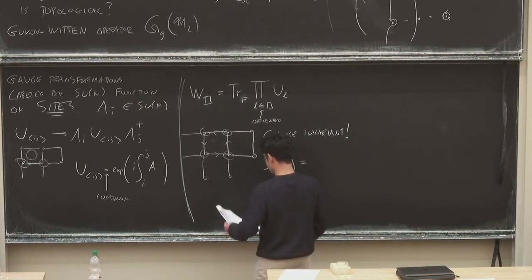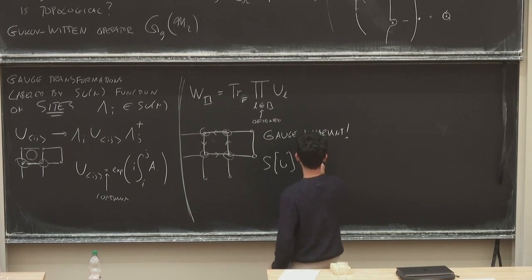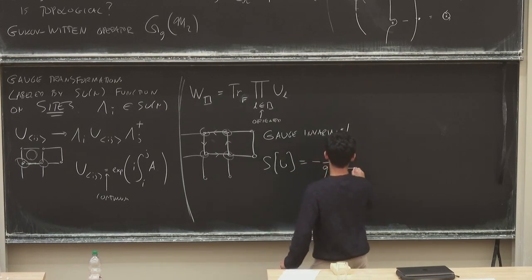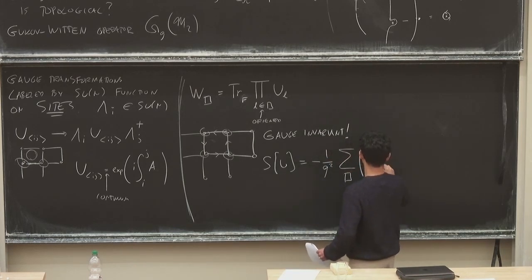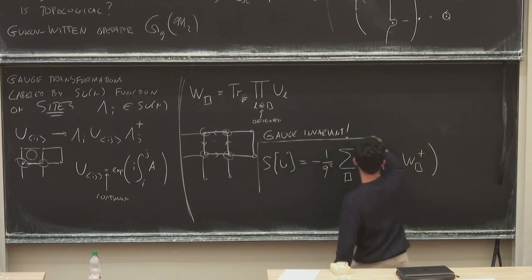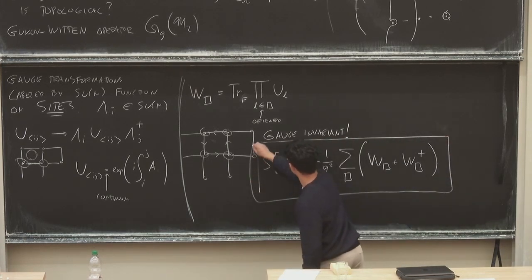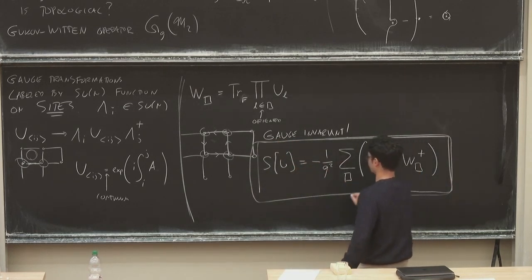The action, this is called the Wilson action, is the following. It's minus 1 over g squared, sum over all of the plaquettes. This is the action of lattice gauge theory.